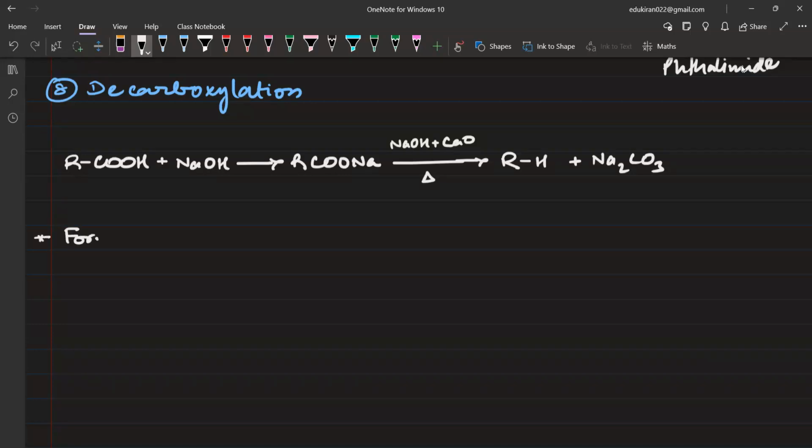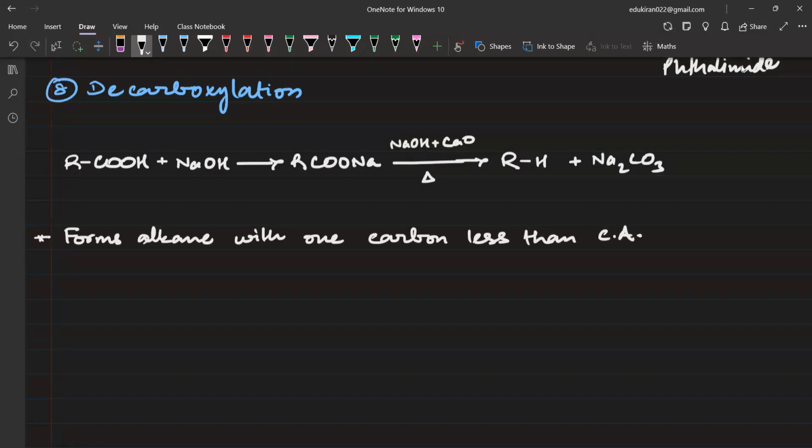So it forms an alkane which has one carbon less than the carboxylic acid.